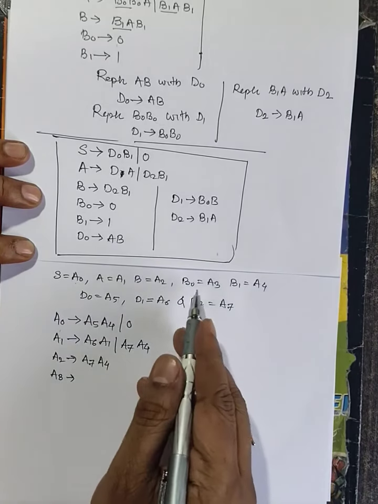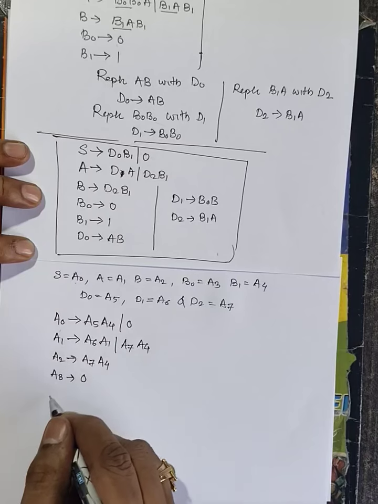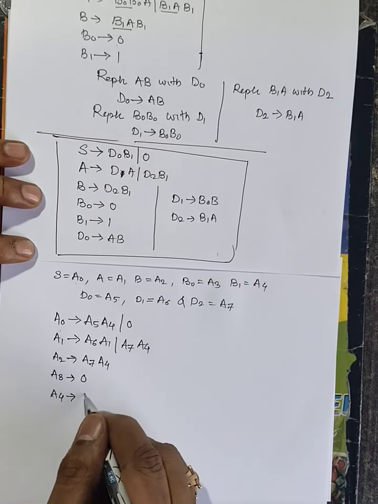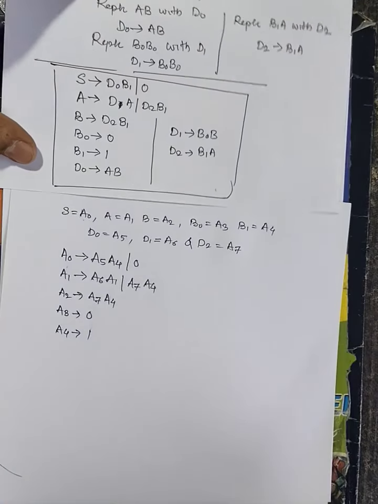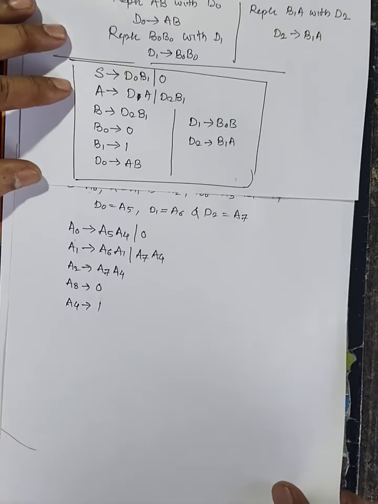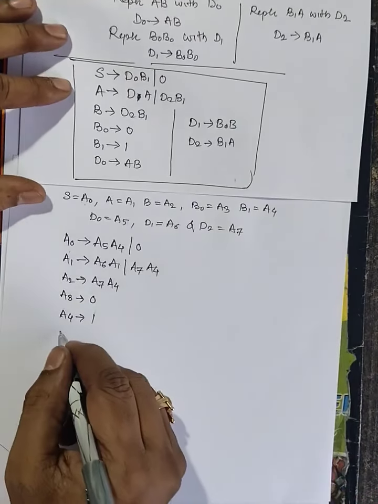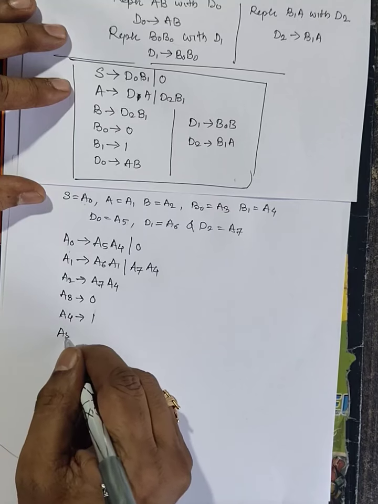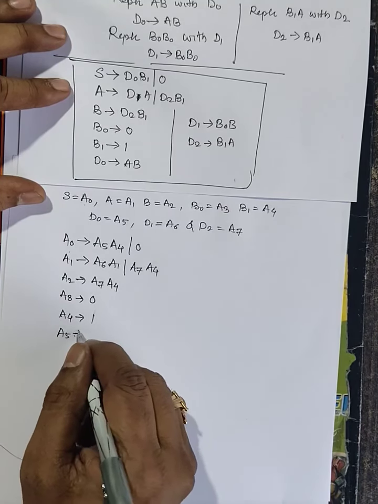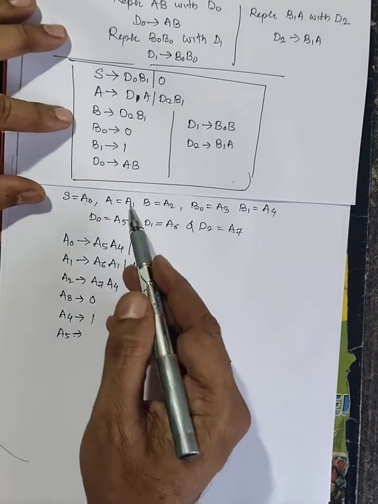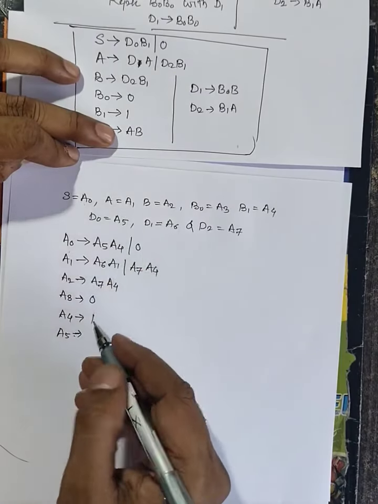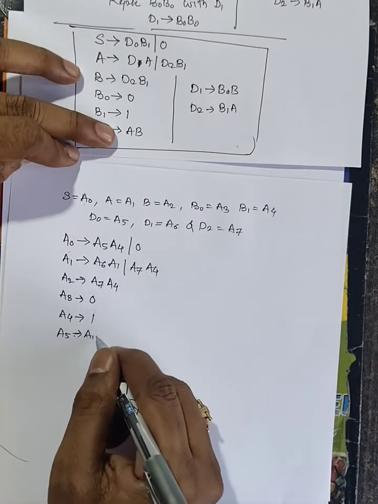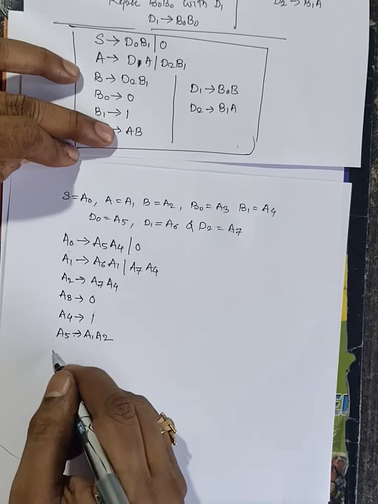A3 produces 0. A4 produces 1. A5 produces A1 A2.